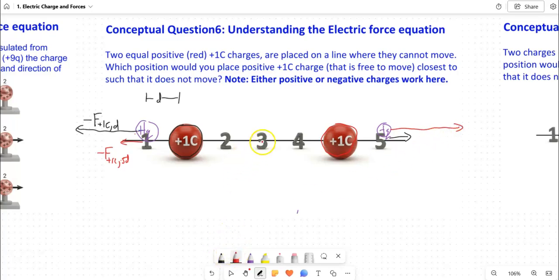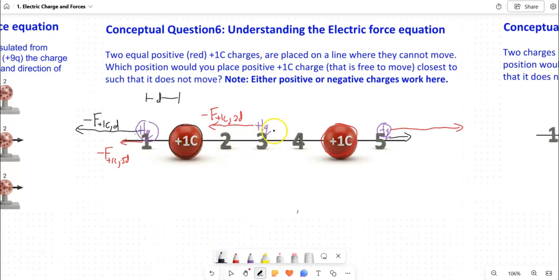The only place you could place this positive 1Q charge is right here in the center. If you do that, the red charge is going to push it to the left, and it's a distance 2d away.